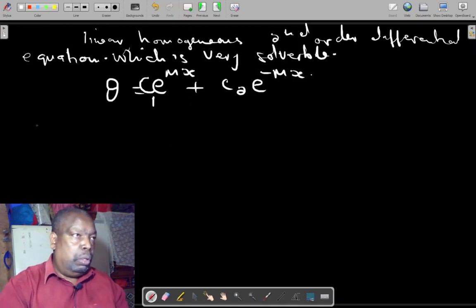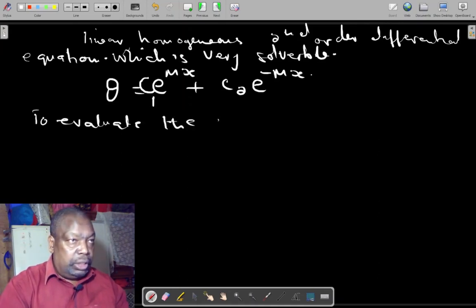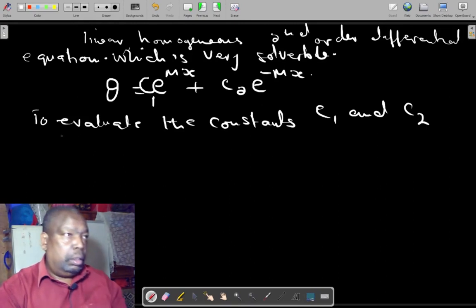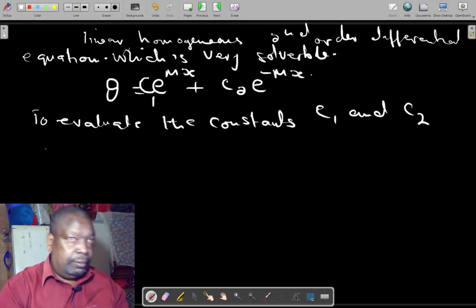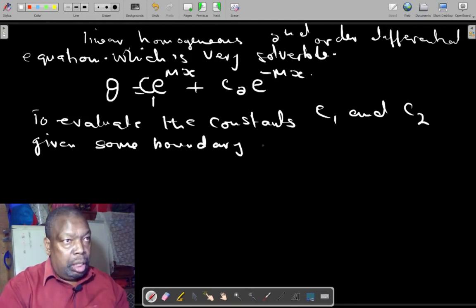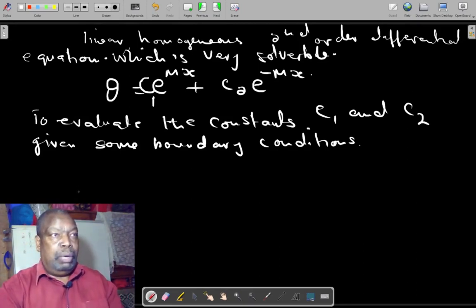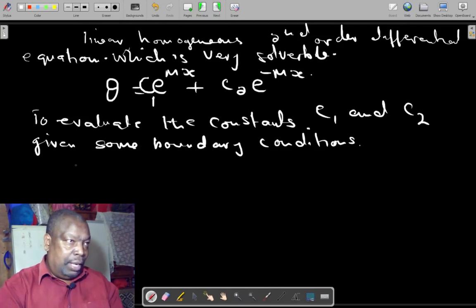So to go a step further, we need to evaluate the constants C1 and C2 given some boundary conditions.